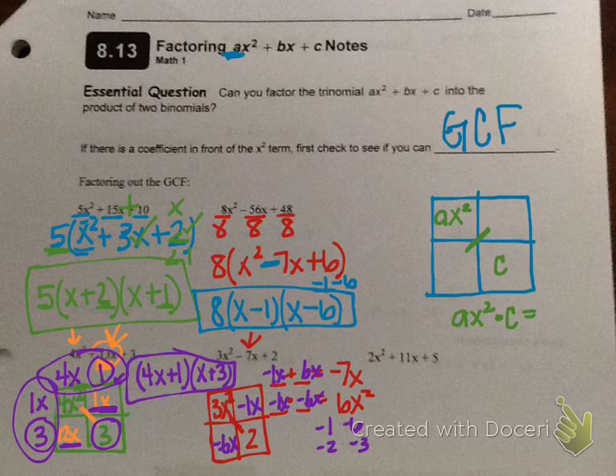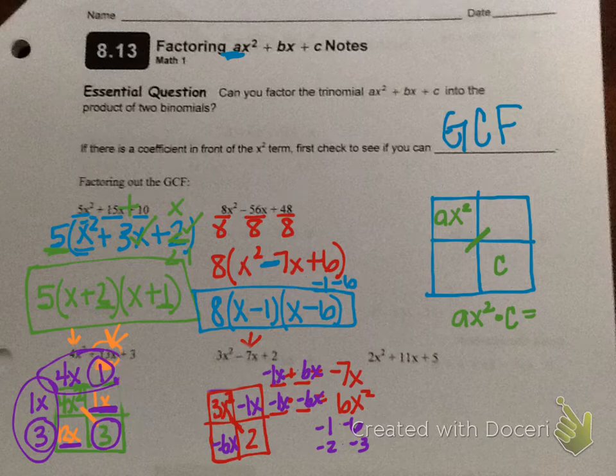And now when I'm looking for my factors here, looking down, I can divide by 3x. 3x times 1x would make 3x squared.